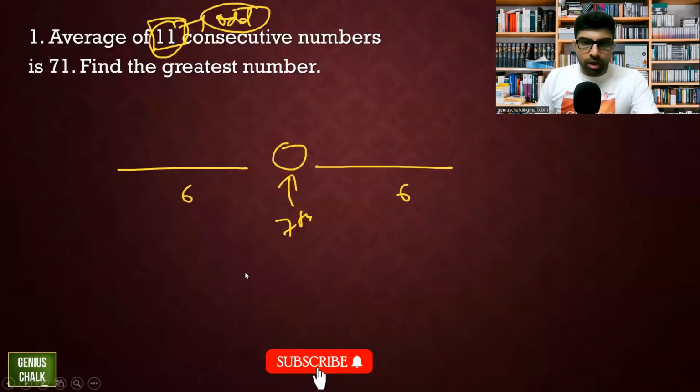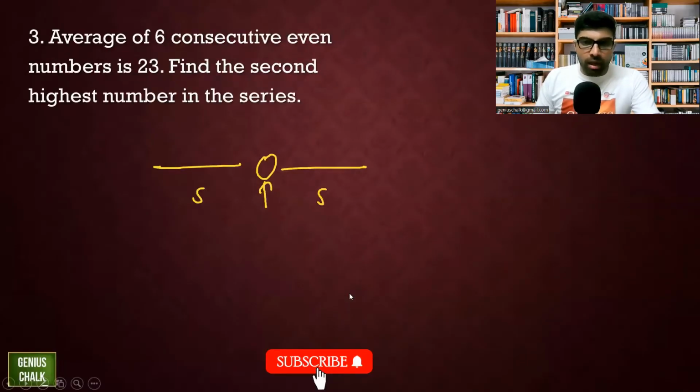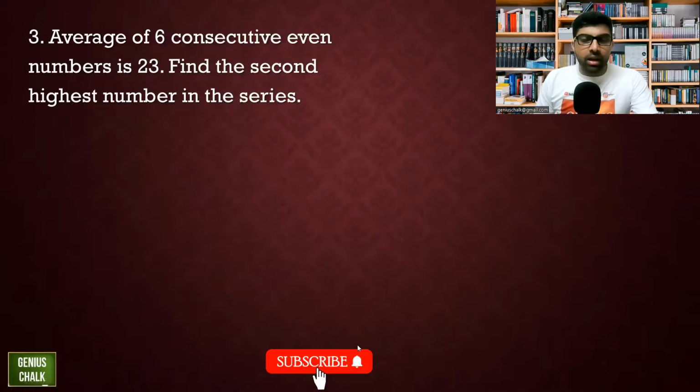So 11 also we can justify like this. 5 numbers this side, 5 numbers this side. The 6th one has to be the average. But if the total number of things are even, then the average will never lie in the series. It will lie somewhere in the middle. It will not be in the series. So note this word, okay?